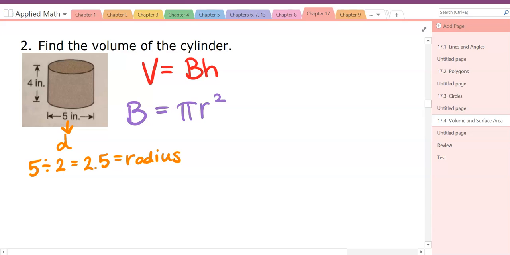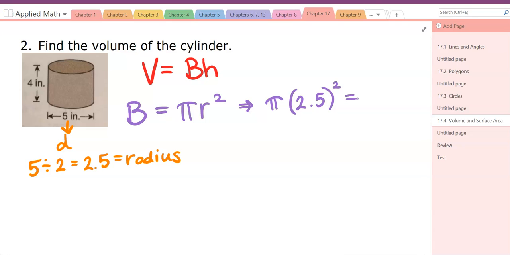So in for area now, I'm going to do pi times 2.5 squared. Okay, so we're going to multiply that. So we get 19.6. That's me rounding it.